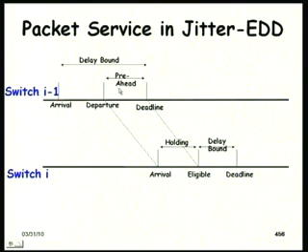This is called the ahead time, by which it got transmitted early. The time at which it should have departed, the maximum delay it could have encountered here, and the time at which it actually departed are stamped on the packet. As the packet comes to the next switch, the ith switch, it is held for that time.